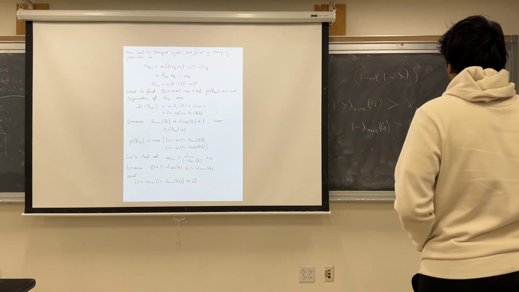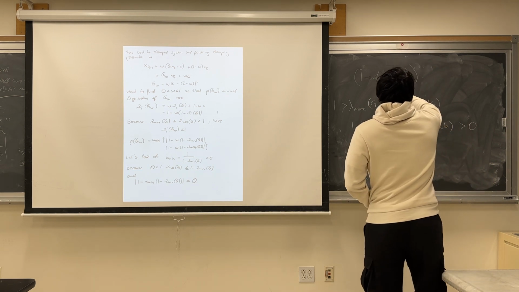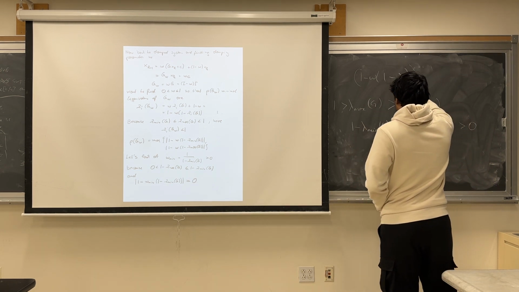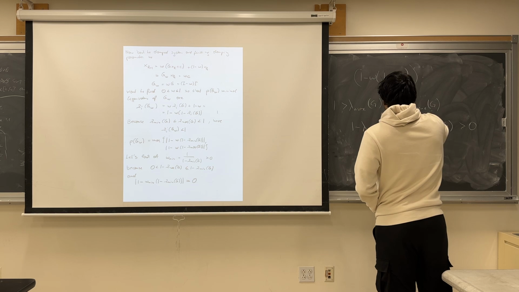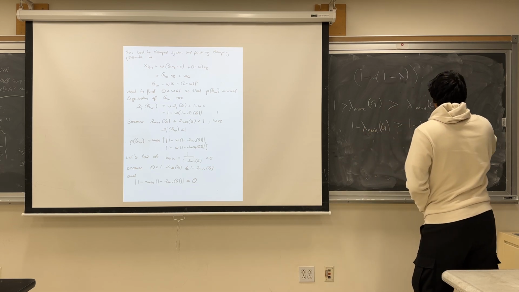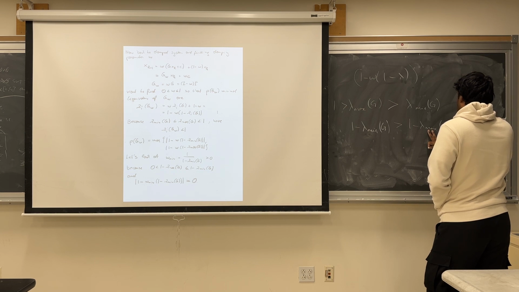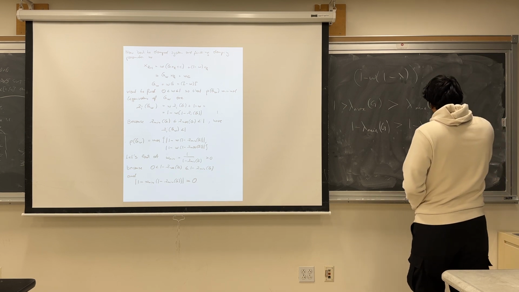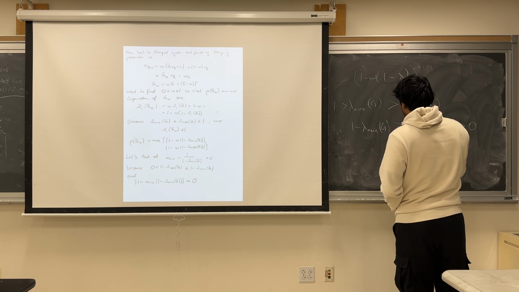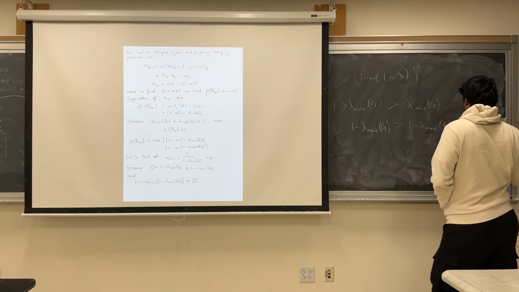Now, I'm going to vary this 1 minus lambda. It can go from 1 minus lambda min to 1 minus lambda max, right? 1 minus lambda max is a small number which goes to 0. 1 minus lambda min is a big number. Okay.